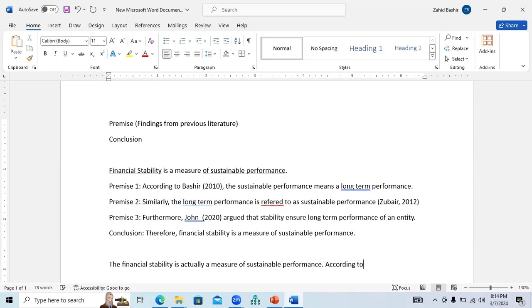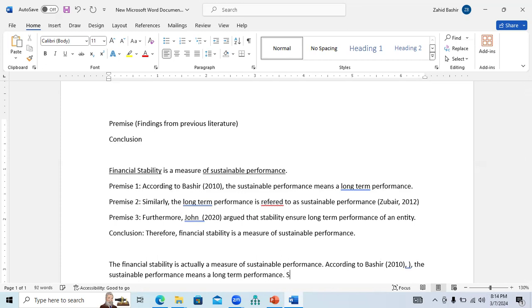According to Sheet, 2010, I can copy this here with a comma like this.